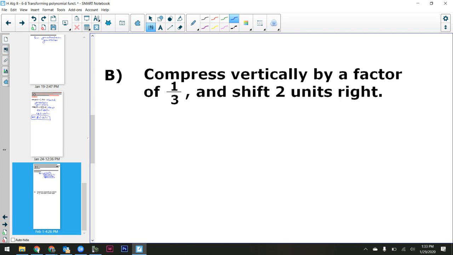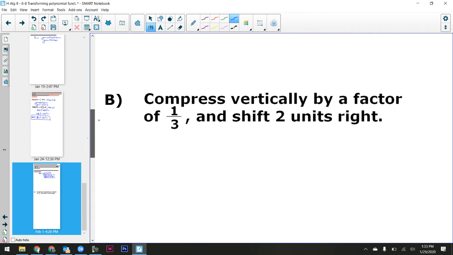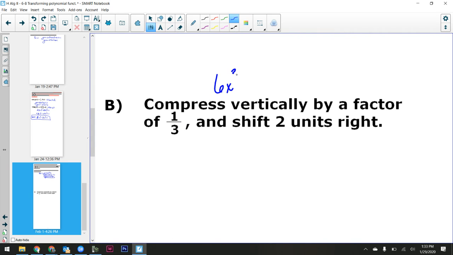Compress vertically by a factor of 1/3, then shift 2 units right. I believe we're going to use the same one, 6x to the third minus 3. Okay, compress vertically by a factor of 1/3.